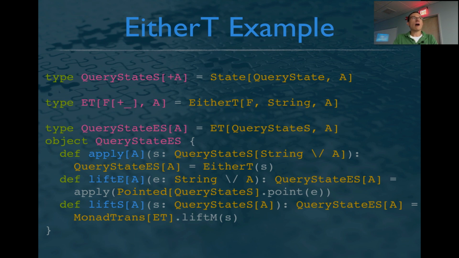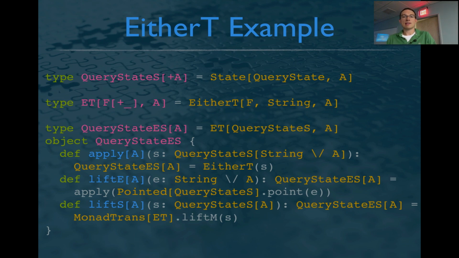which is a predefined operation on monad transformer. So there's a type class in Scalaz, abstracting a whole other level up now, that says either t is a monad transformer when the left side is fixed, which is why I define that et type class, or type alias. And hence, there are operations you can do across all monad transformers.